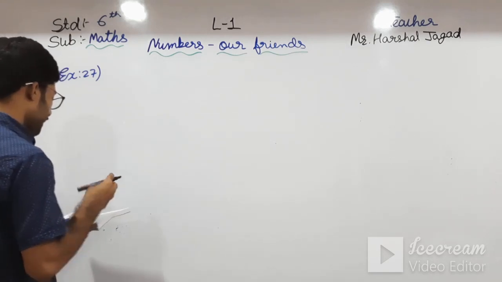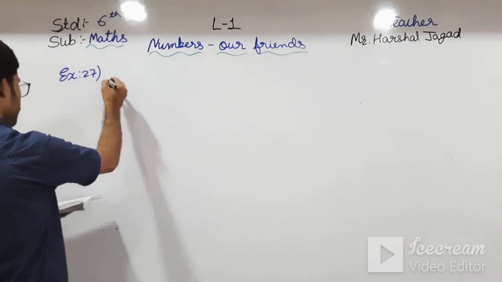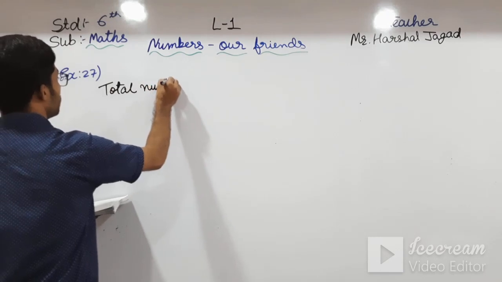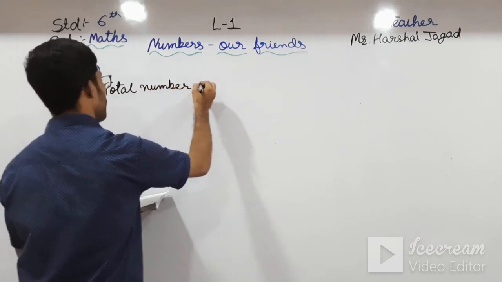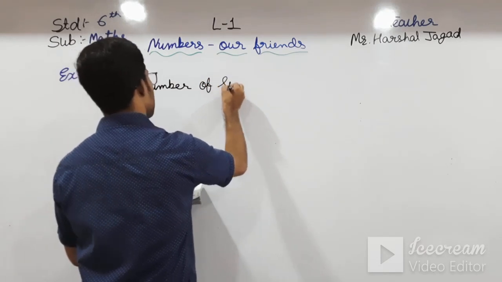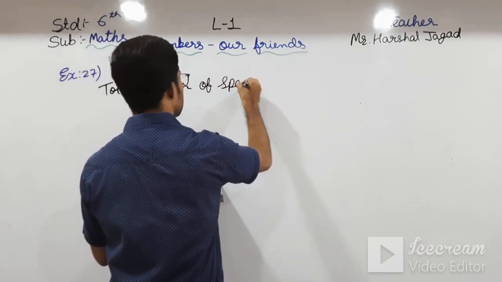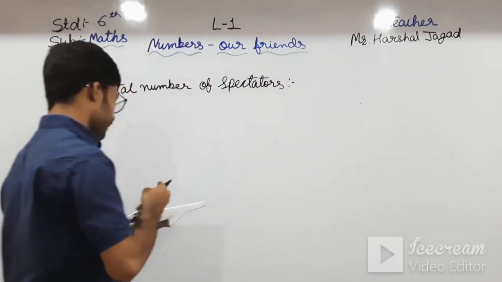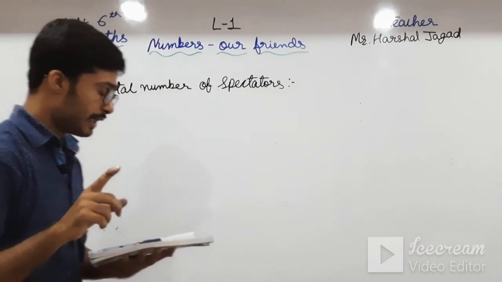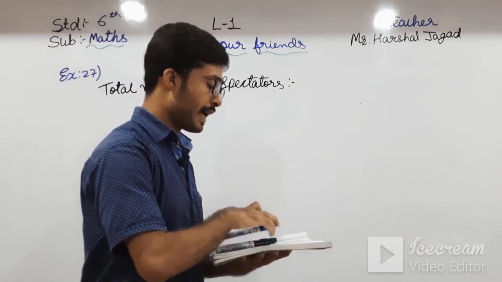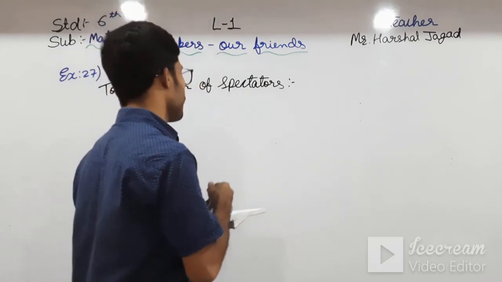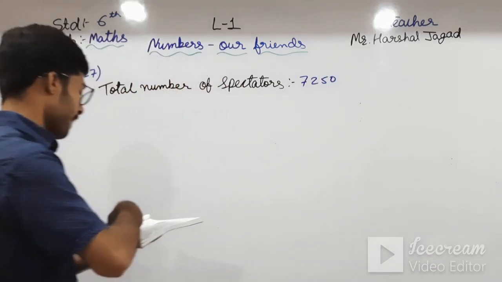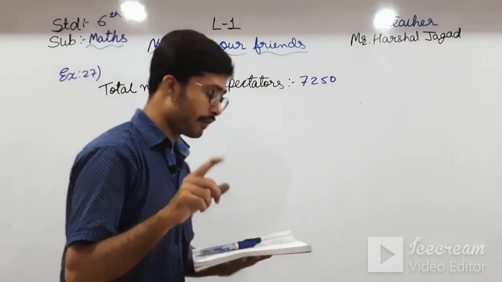That means we can say total number of spectators. During the one day match, 7,250 people came to see the match.